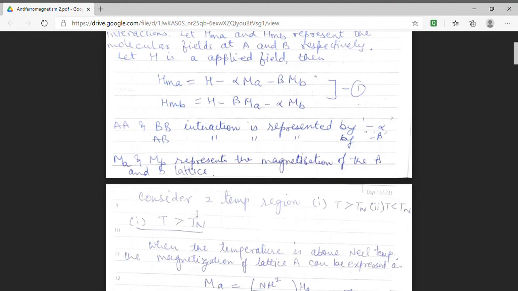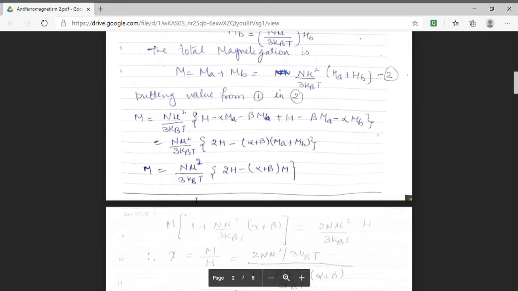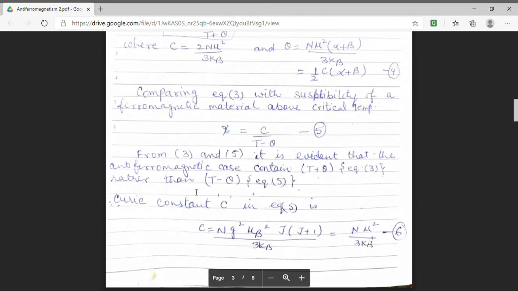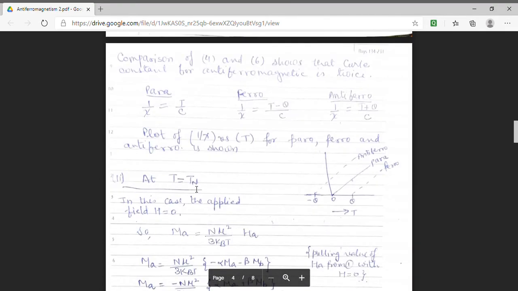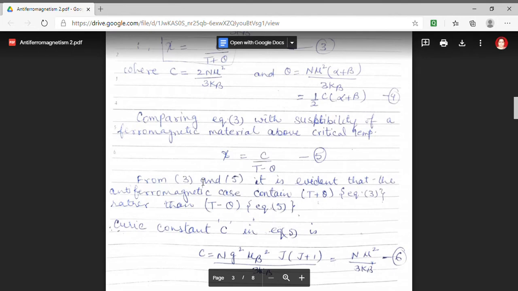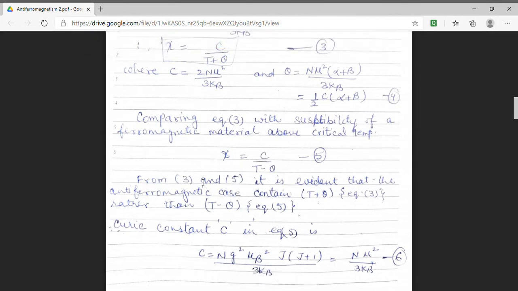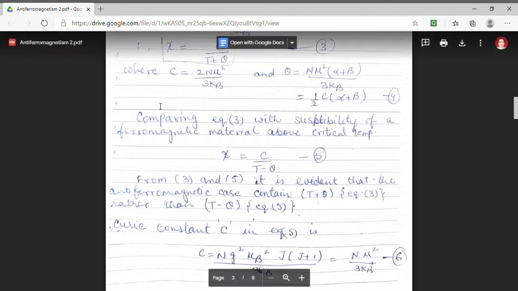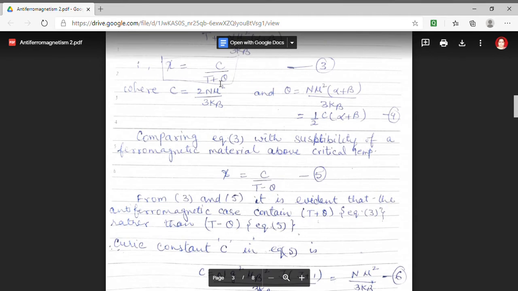Now in today's lecture we are going to discuss the temperature range T equal to Tn. Along with this, we have determined the formula for susceptibility for an antiferromagnetic material to be chi equal to C upon T plus theta.